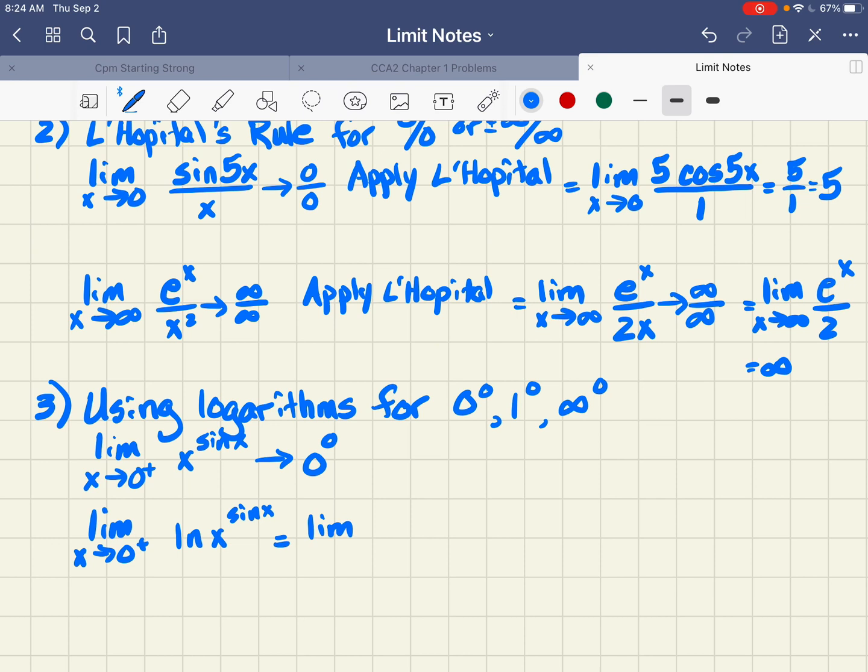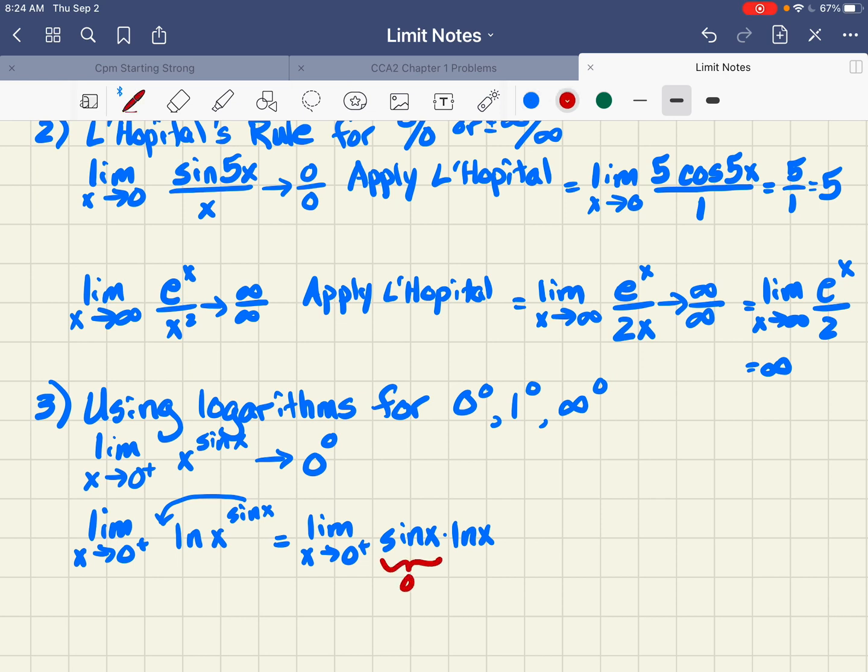Then we'll rewrite it with the log rules. One of the biggest utilities of logarithms is that they can get things out of the power. The power property of logarithms says that can go in front, and I would have sine x times the natural log of x.